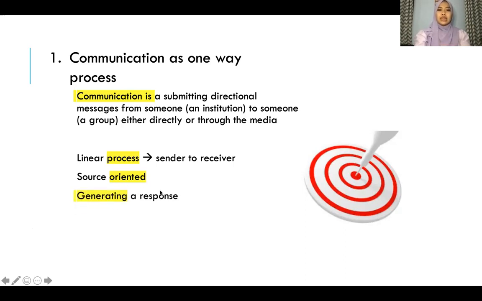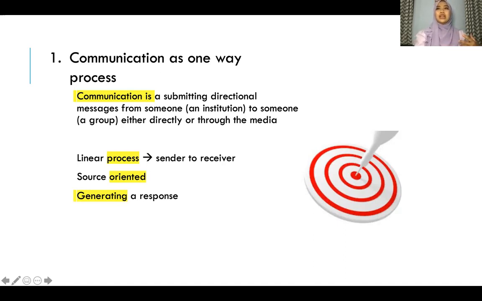Next is generating a response, because often this kind of communication is persuasive. The goal of the communication is to make the audience have a response, or to make you interact with something.